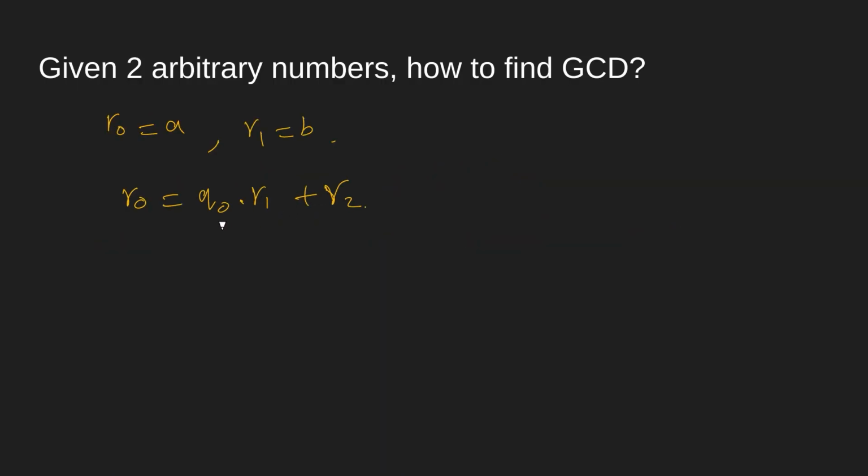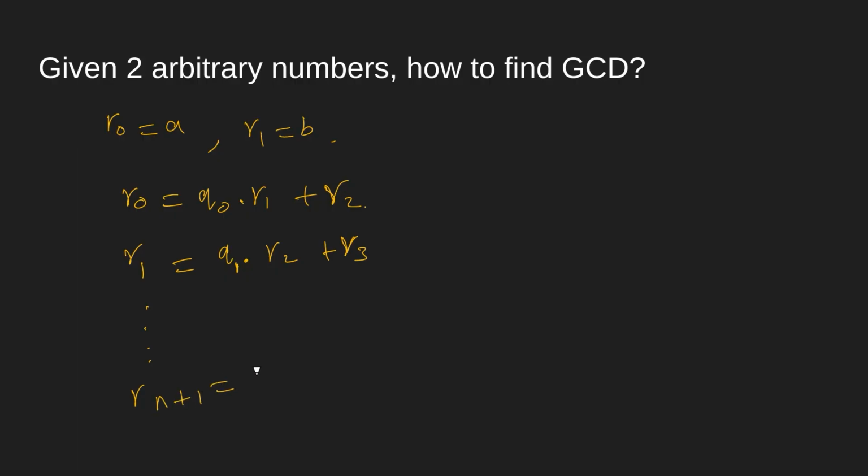With this we can extend that the GCD of r0, r1 equals the GCD of r1, r2. And we can rewrite r1 as some quotient q1 times r2 plus r3.